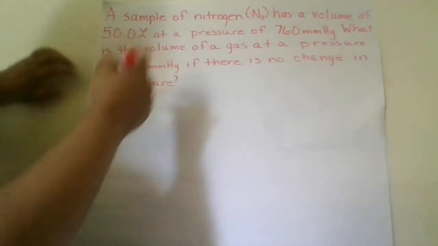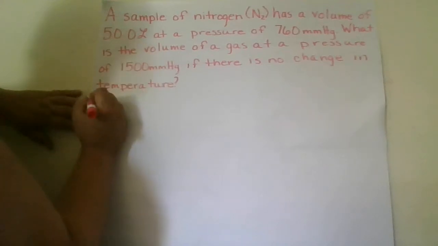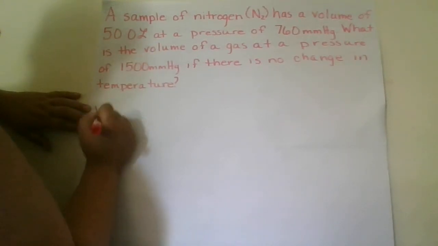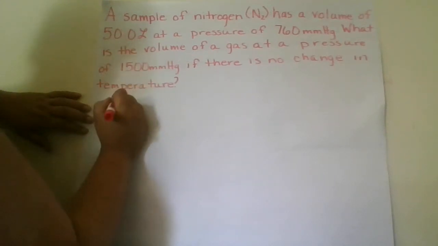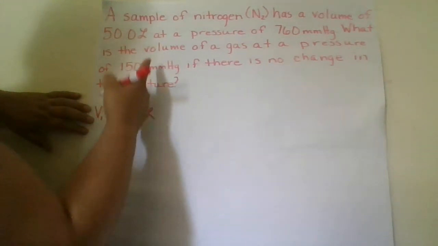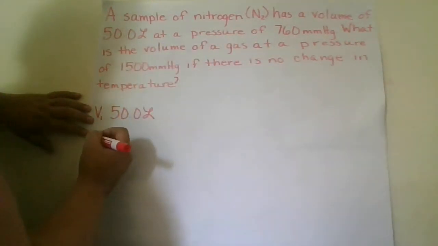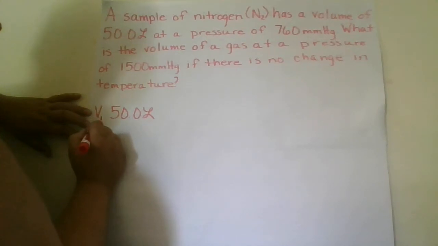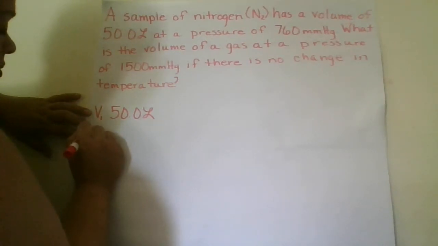So it says I have a volume. So I know I'm dealing with V. Okay? We have 50 liters at a pressure of 760 millimeters of mercury.